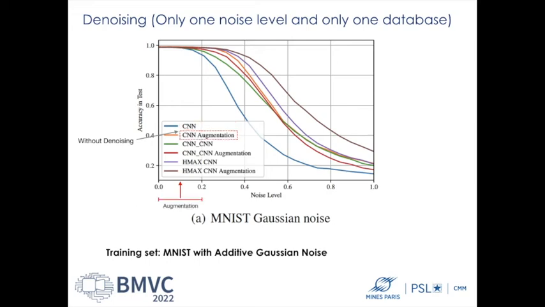A natural way to alleviate this problem is to include different noise levels, denoted here as CNN augmentation. This noise is only included in the classification part. The augmentation is done with 0 mean and standard deviation between 0 and 0.2. The results are shown in the orange lines.